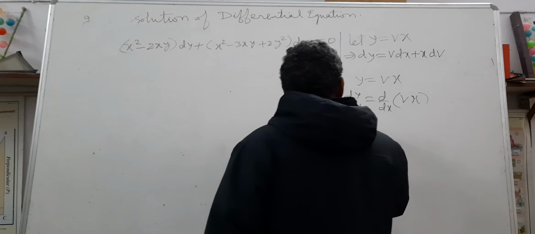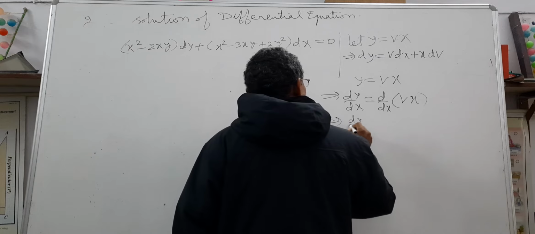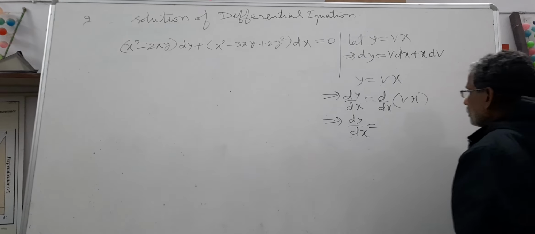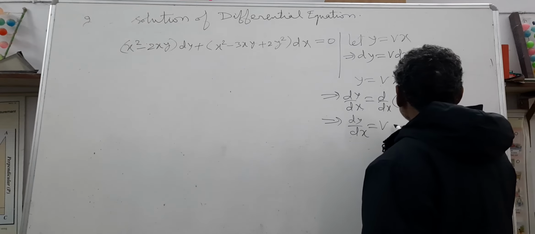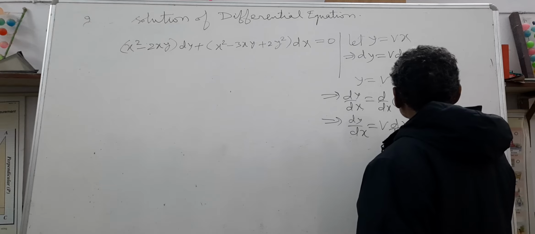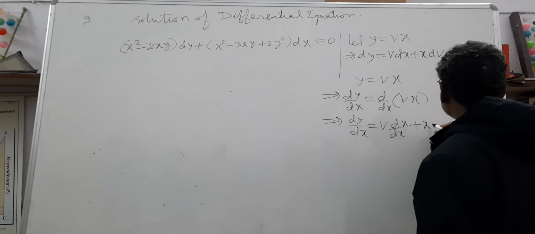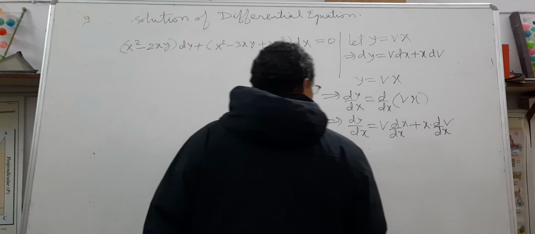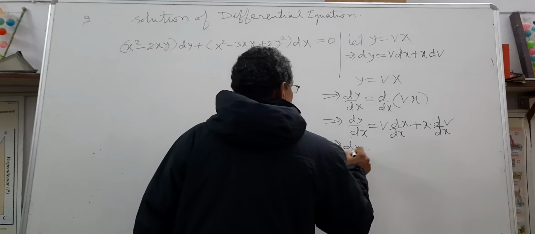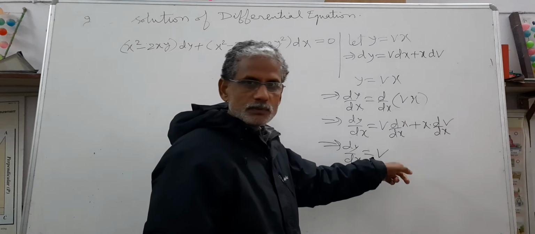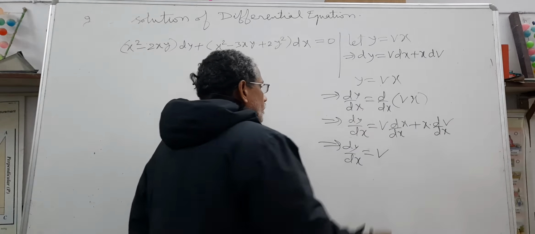This implies dy/dx is equal to, apply here product rule, first function into differentiation of second plus second function into differentiation of first. This implies dy/dx is equal to v, dx/dx becomes cancelled, plus x dv/dx.